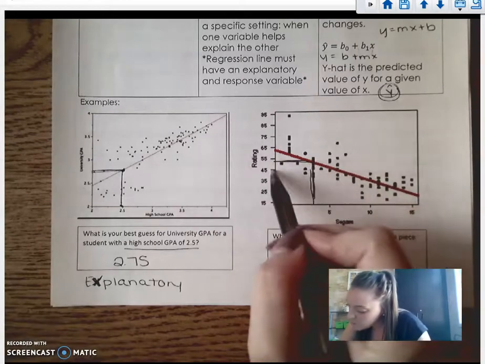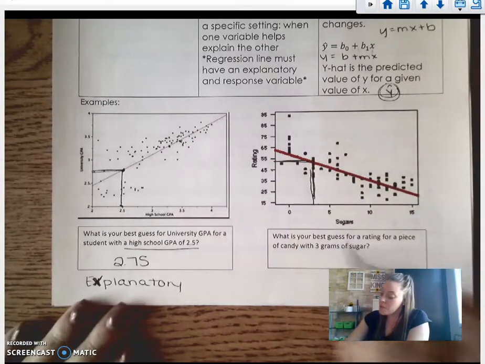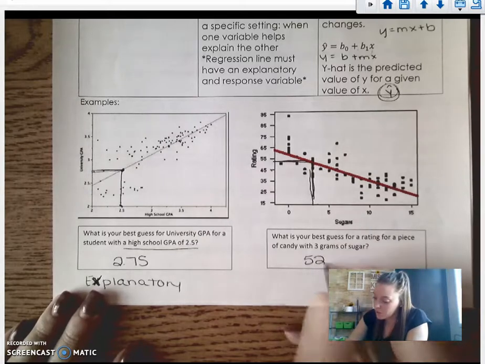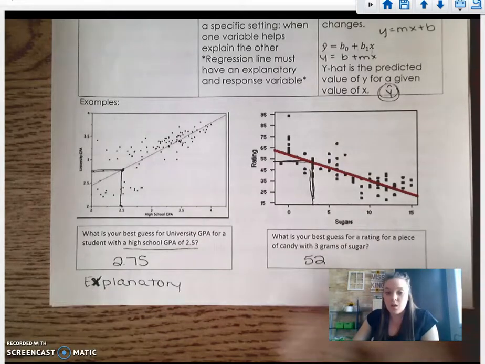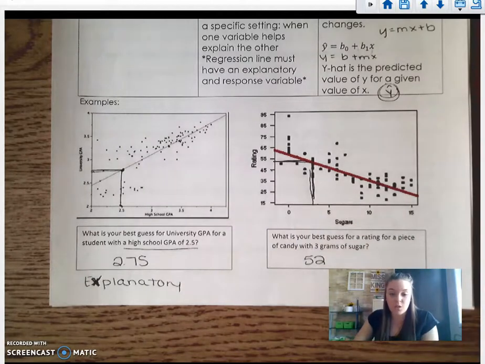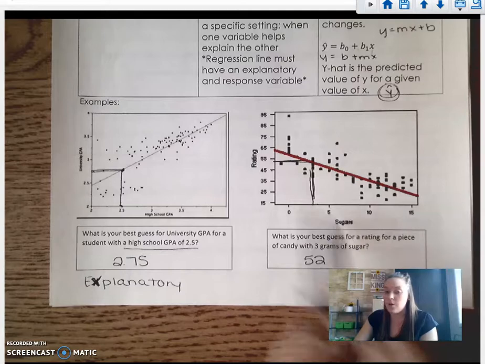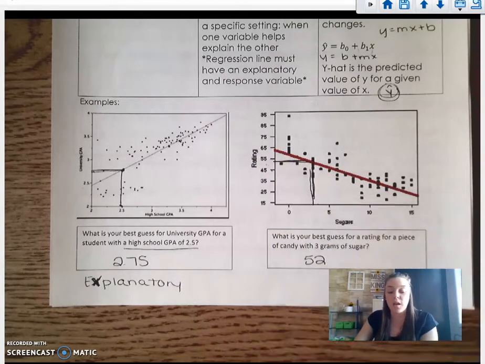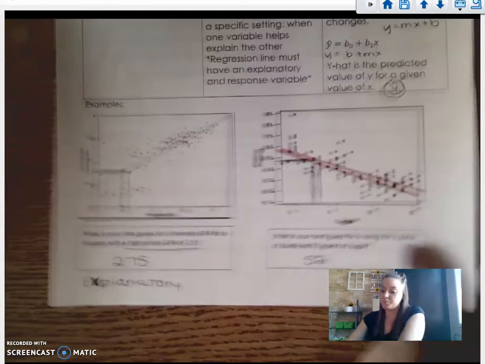So somewhere between 45 and 55, looks closer to 55. We'll say 52 would be the rating. Doesn't give us a unit for rating, so we're just going to say 52. So again, your explanatory variable can predict your response variable when you're given a linear regression line.